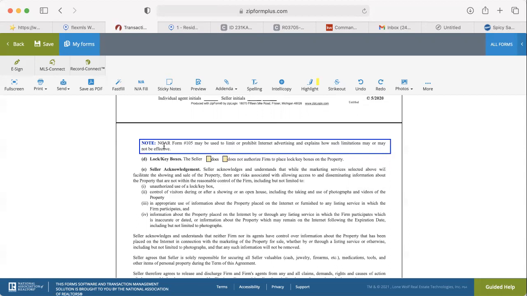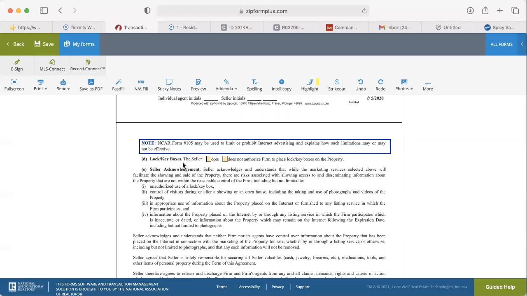And I don't want it out there on the internet for people to be able to see what kind of furniture I have in my house or what kind of personal belongings I have in my house. You have that sometimes, right? So that's fine. You'd use Form 105 to fill that out and have the seller and you sign it saying that they understand that they're not going to put it out on the internet, and these are the pros and cons of doing that.